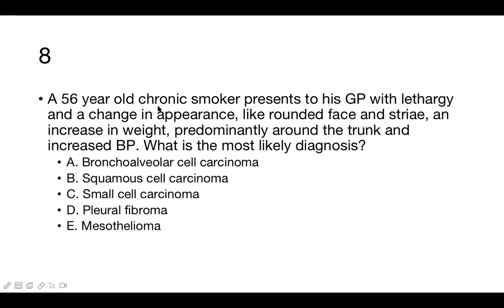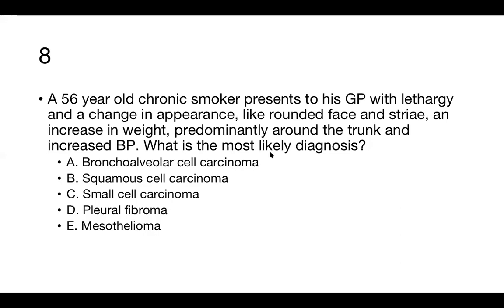This is a 56-year-old chronic smoker who presents to his general practitioner with lethargy and a change in appearance like rounded face and striae, an increase in weight predominantly around the trunk and increased blood pressure. All of these are suggesting Cushing syndrome or Cushingoid appearance. Now, just a few cases ago, we discussed this.